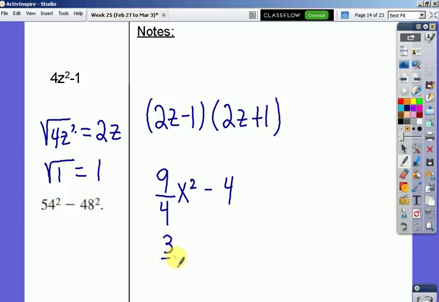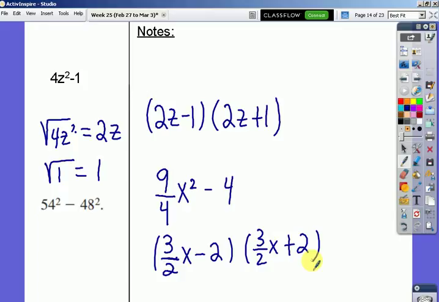Yeah, 3 over 2. And then I take the square root of x squared, I just get x. So 3 over 2 x minus 2, and 3 over 2 x plus 2. And when I FOIL that, or use the distributive property, I end up with this, the middle terms canceling out, and just having a minus 4.